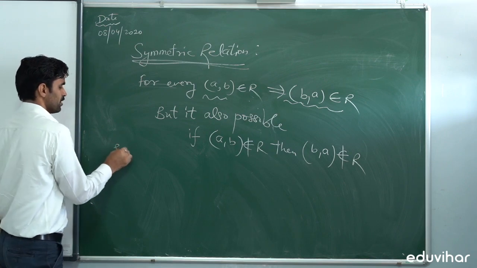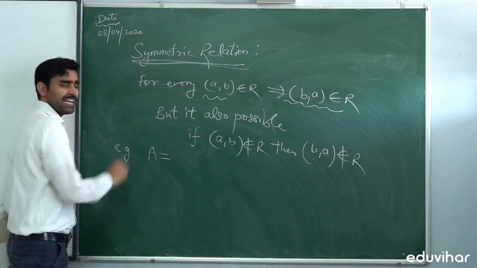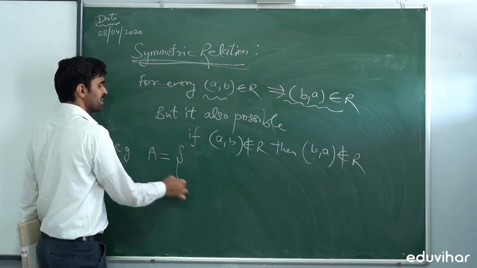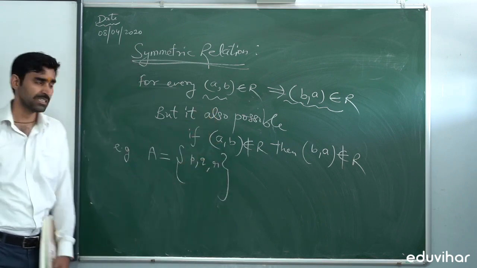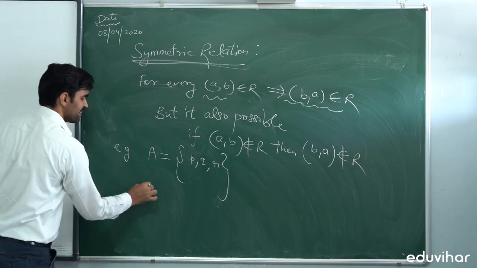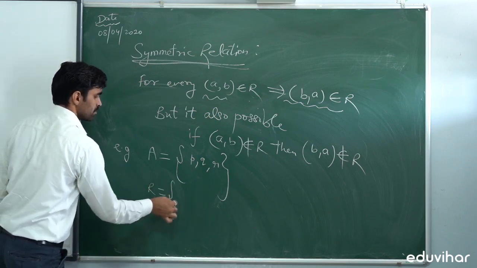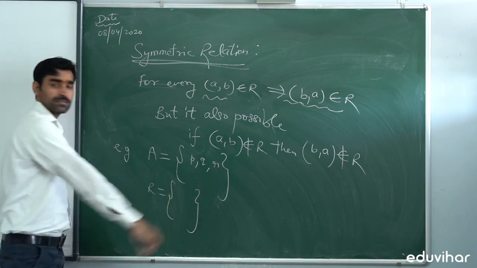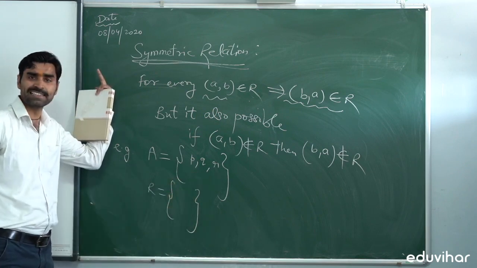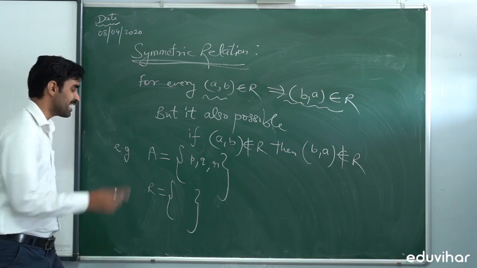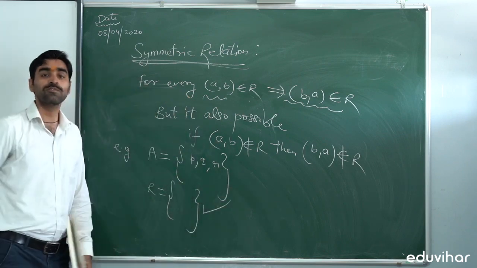Consider an example. If we have a set A having the elements P, Q and R, and we consider a relation as the empty set, then can you say it is a symmetric relation? Yes, we can say it is a symmetric relation. Why?